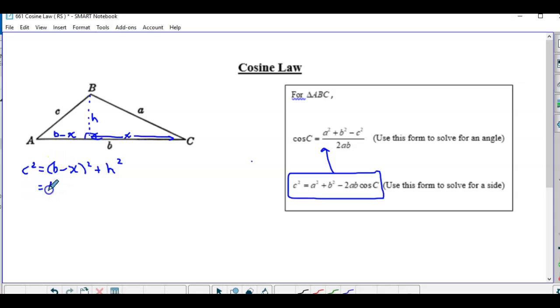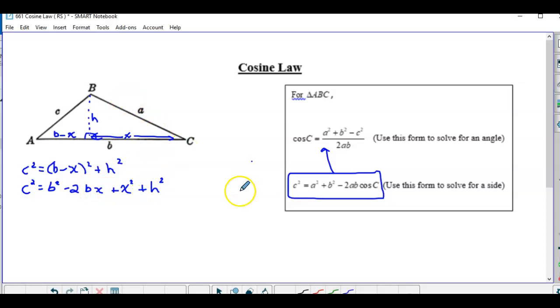So I'm just going to expand this out, expand the bracket: b squared minus 2bx plus x squared plus h squared. Okay, so I've just expanded it, but I've got a relationship for c there.